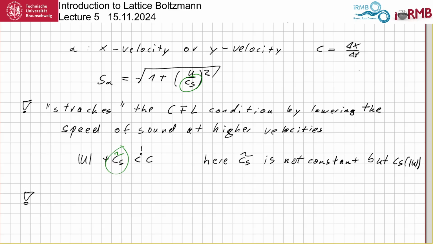Yeah, of course it has to be smaller than 1. So in the normal case it would be smaller than 1 minus 1 over square root 3, which is roughly 0.4 something. And here it can go to 0.9 perhaps. Yeah, this is what you get. You can double it. In theory.